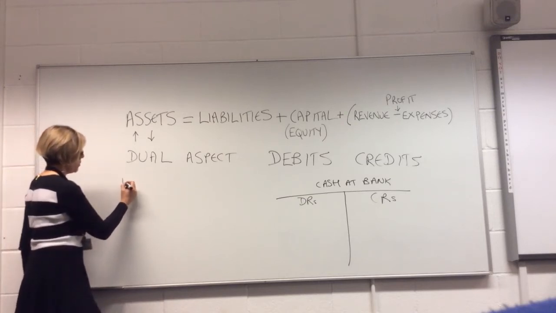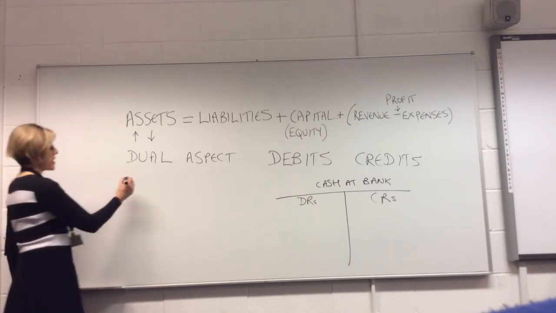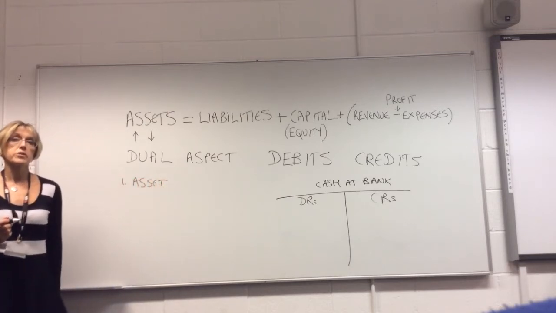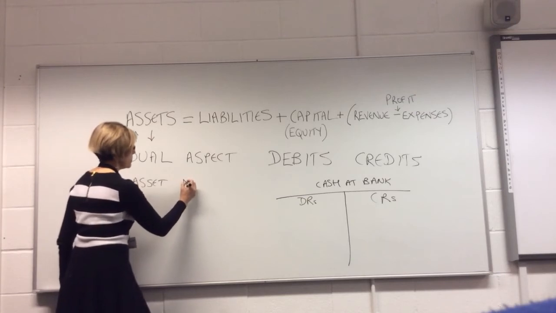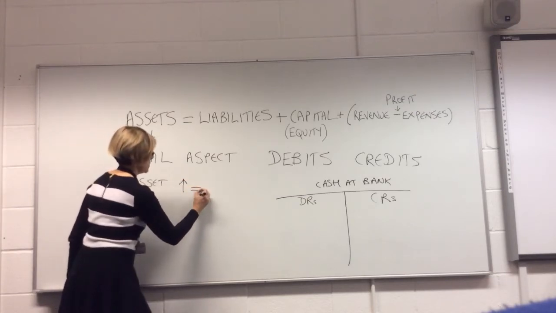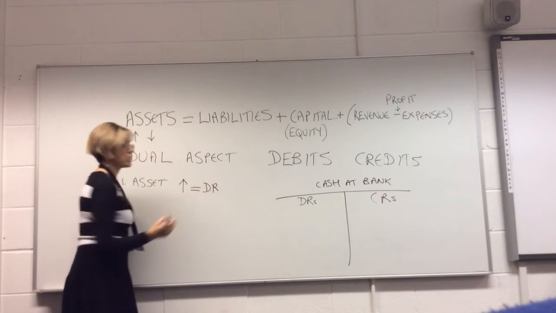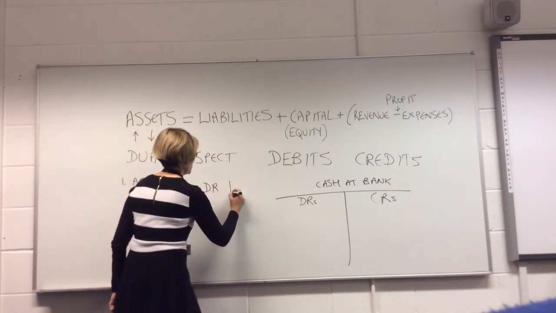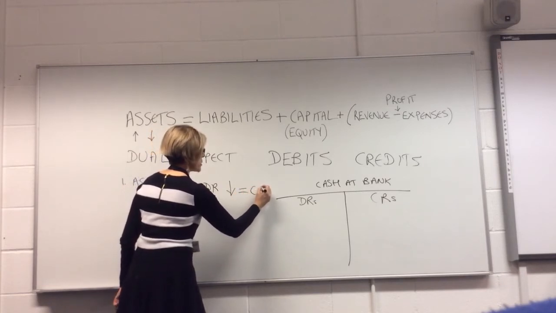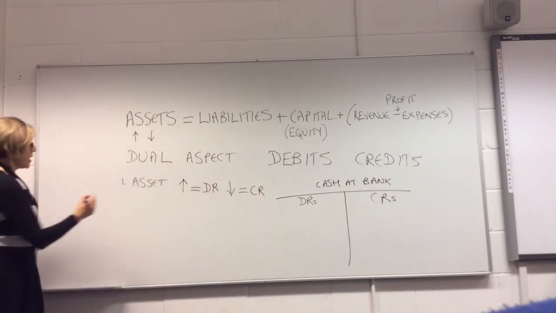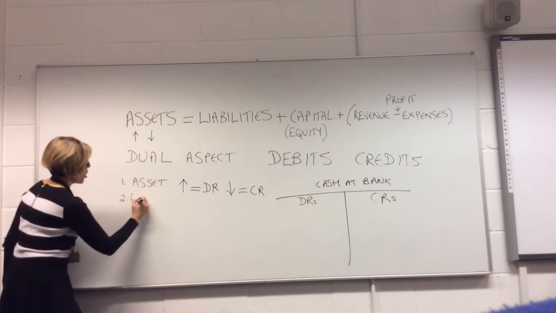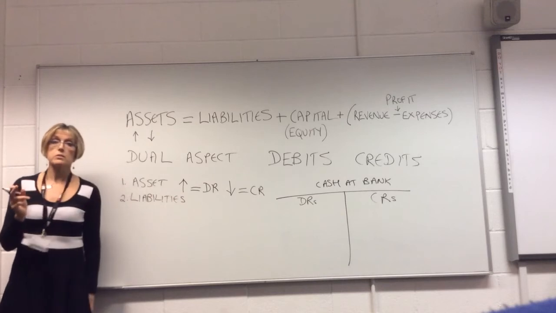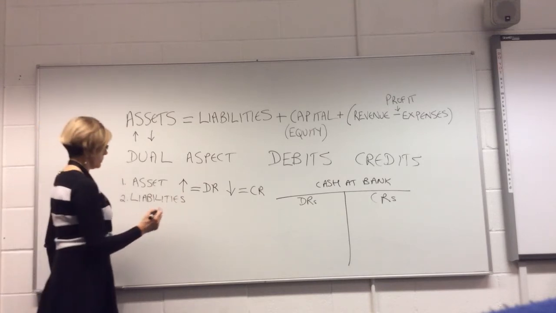So, for example, if you have an asset account, like cash at bank, an increase in the asset is a debit. A decrease in the asset is a credit entry. If what we're dealing with are liabilities, remember, liabilities is money we owe people.